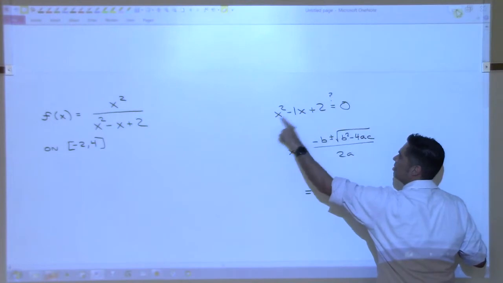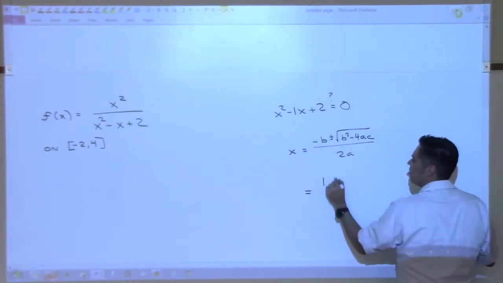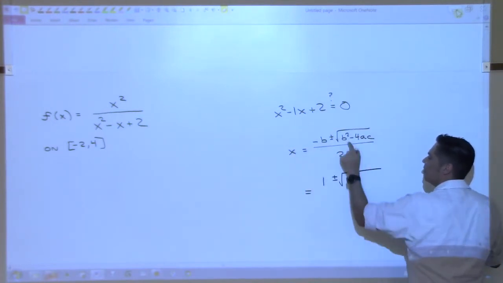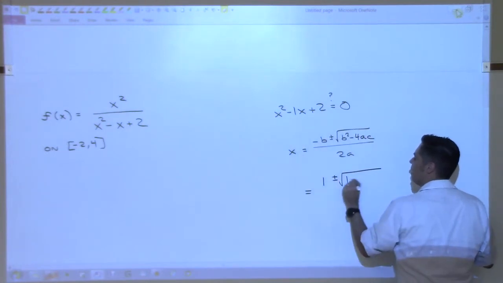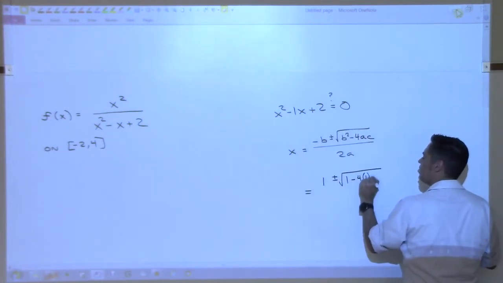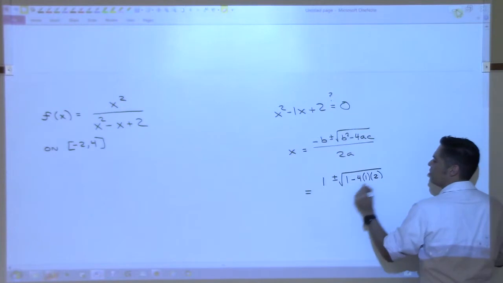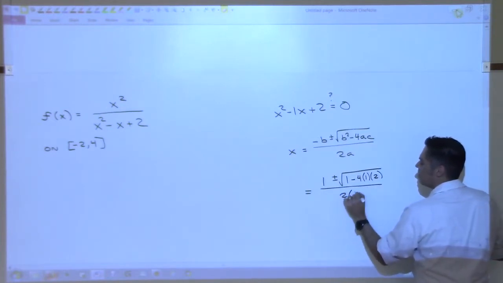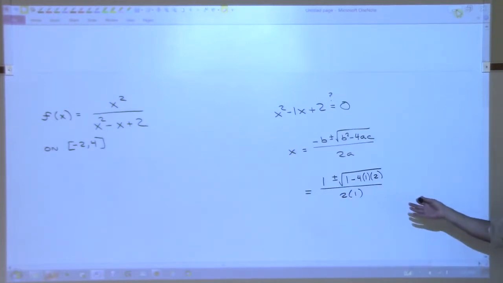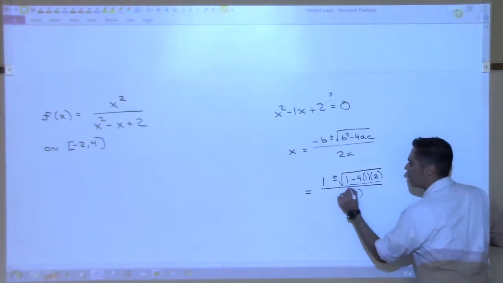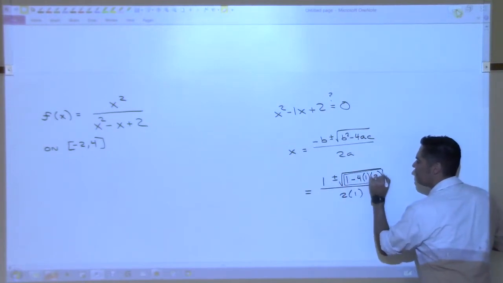That's a, that's b, that's c. So plus or minus square root. When I square b, I get 1 minus 4 times a, which is 1, times c, which is 2, all over 2 times 1, right? So that's me just plugging in. And right now I can stop. Why? It's undefined, because that piece right there is going to be a negative number.